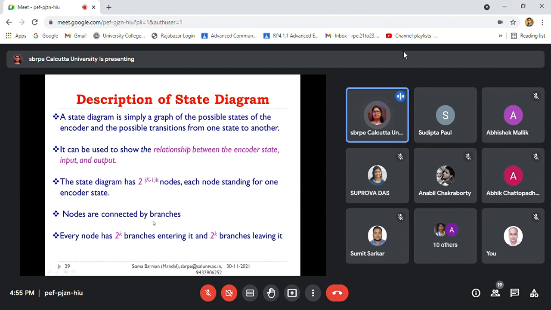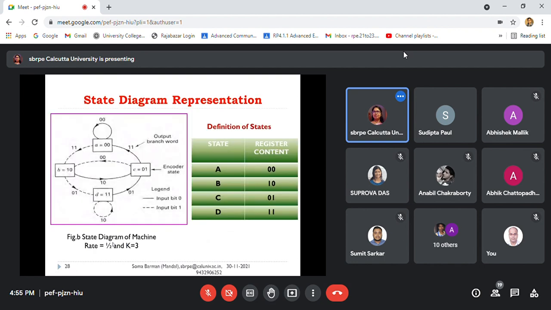Every node has 2 to the power k branches entering it and 2 to the power k branches leaving it. That means if I consider any node, say node C, how many branches are going out of the node? This one and also this one.